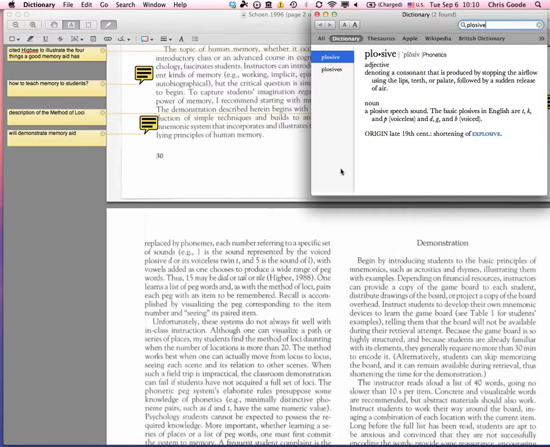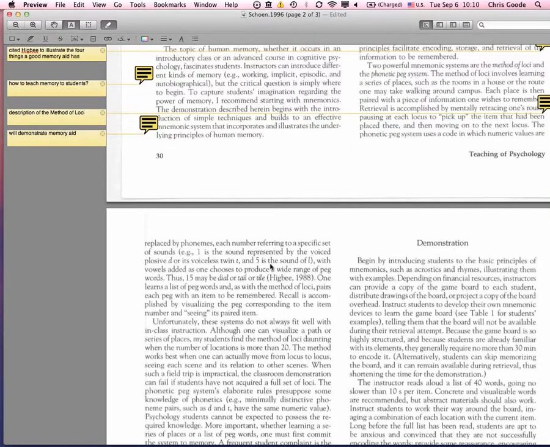All right. The dictionary is very useful. And everybody, you probably have one on your phone by now. They're very easy to find. Okay, I'm almost done understanding this. So 1 is the sound represented by the voiced plosive d, or its voiceless twin t. You don't need to know what voices are to know that in this code, 1 is a substitute for d and t.